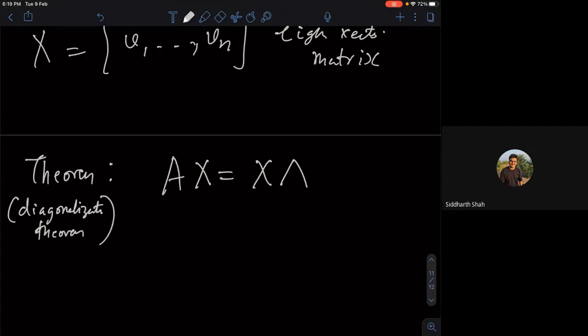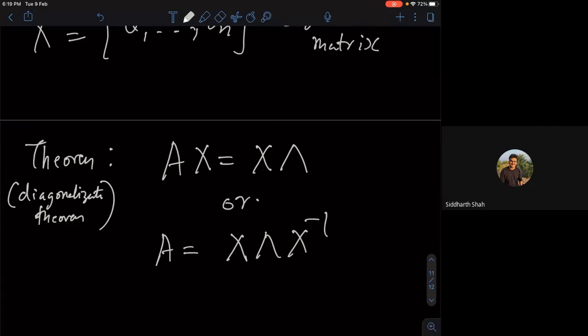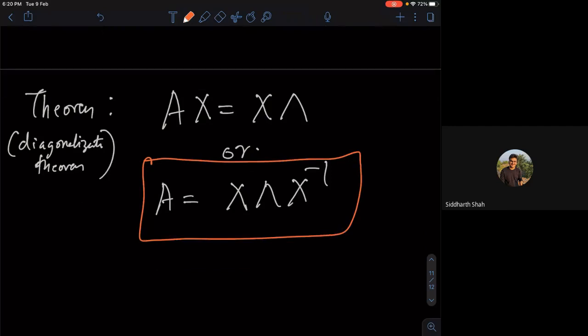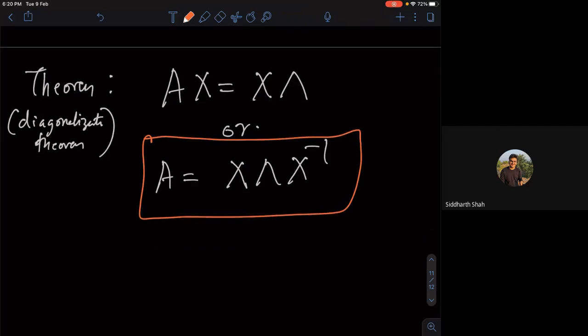Right, which says that any matrix A which has n independent eigenvectors can be diagonalized, or another way to write this is A equals X lambda X inverse. How did we get this? We multiplied X inverse on the right of both sides of the equation. This is the standard way of representing this diagonalization theorem.